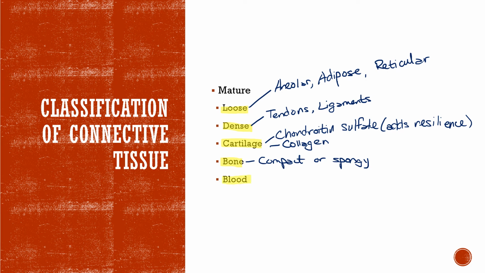Lastly, blood is also considered a connective tissue, but it's a liquid connective tissue. So it has a liquid extracellular matrix called blood plasma. This is the liquid extracellular matrix, and it also has formed elements.